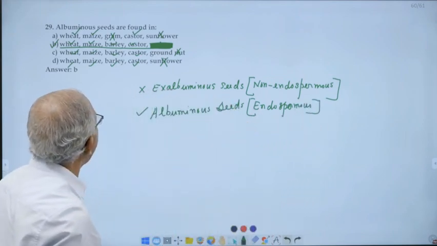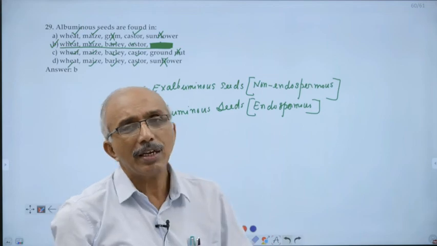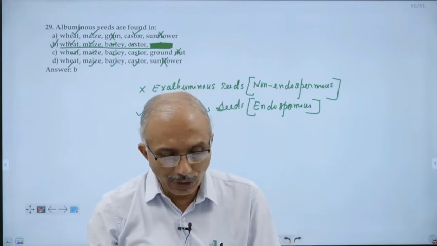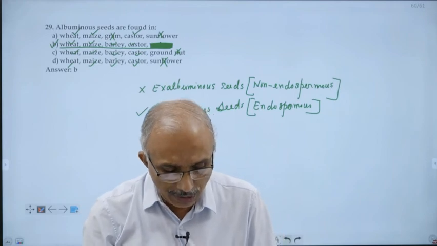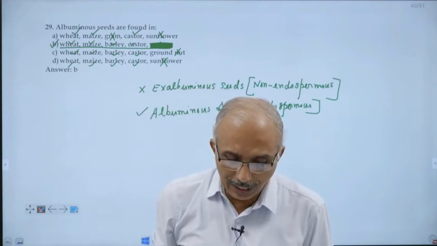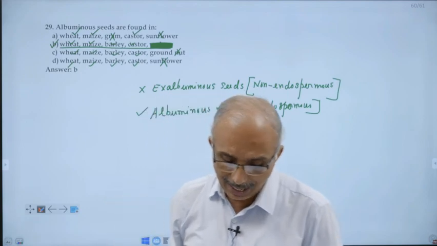The answer is B. Cashew we omit, it is not albuminous.